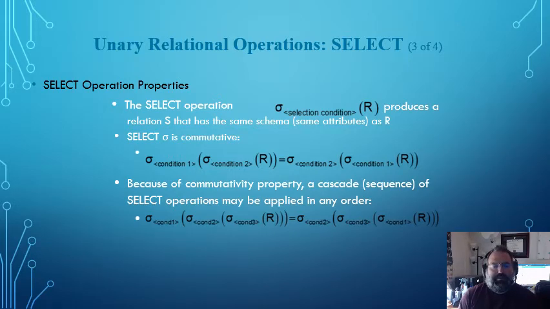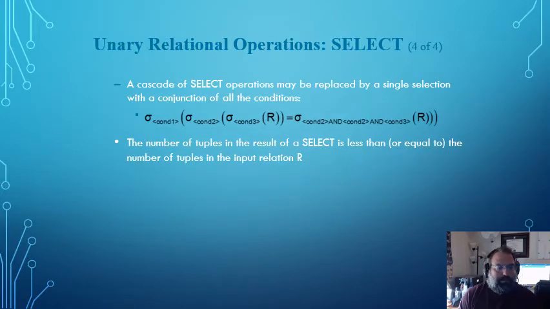A cascade or sequence of select operations may be applied in any order. A cascade of select operations may be replaced by a single selection with a conjunction of all of the conditions. Selection of condition 1, condition 2, condition 3 is the same as condition 1 and condition 2 and condition 3 on that same relation.